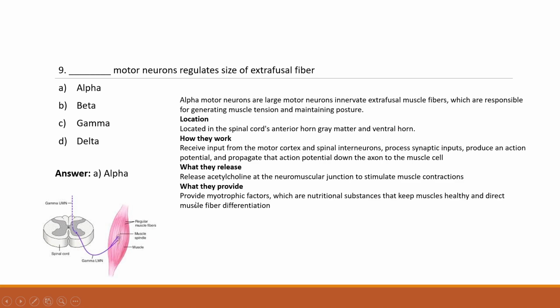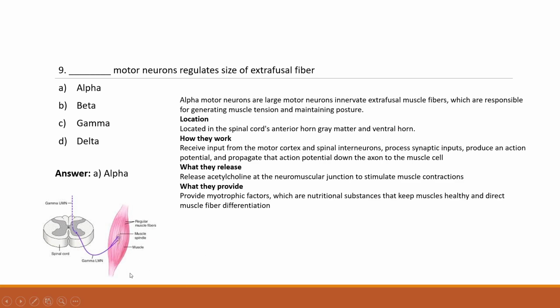And what do they provide? They provide myotropic factors. So myotropic means your muscle factors. These factors will be attracted by your muscles, which are nutritional substances that keep the muscle healthy and direct the muscle fiber differentiation.